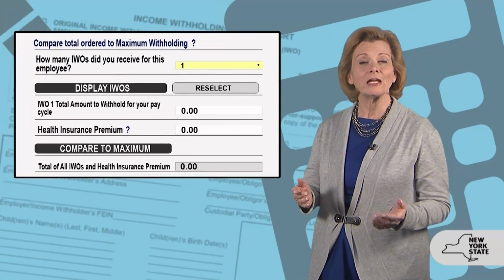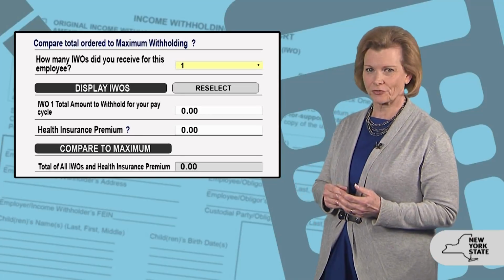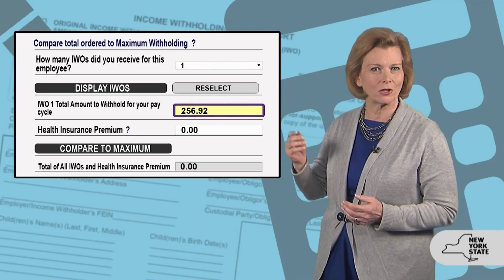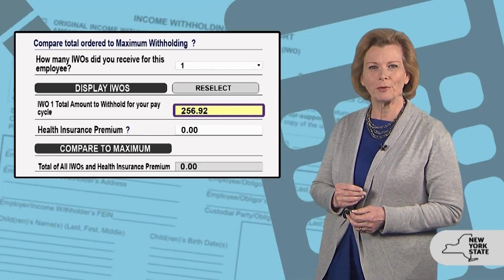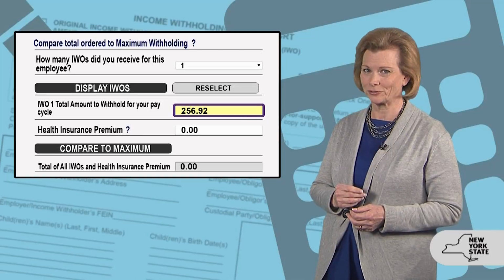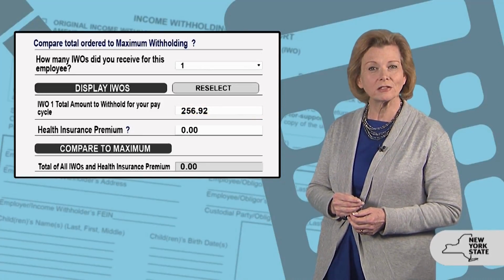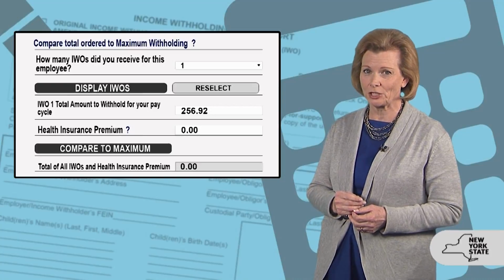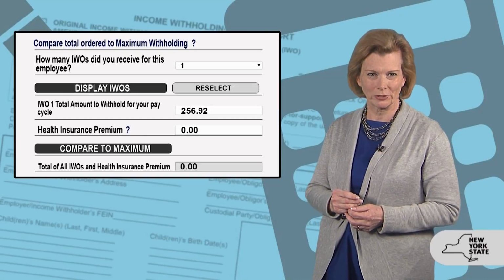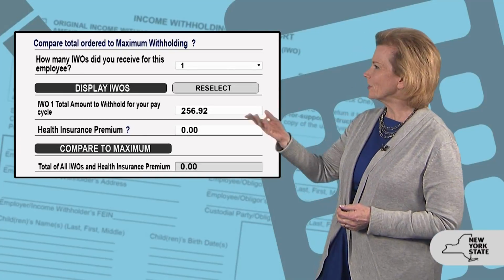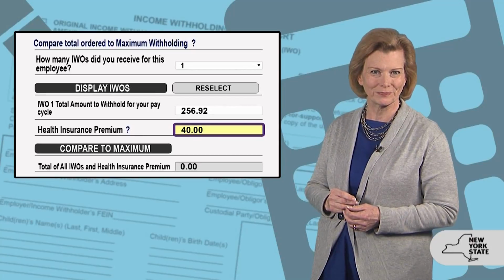But as we said, in our scenario, the pay cycle is biweekly, so we will enter that amount of $256.92 into the IWO1 total amount to withhold for your pay cycle field. If the employee has health insurance coverage that includes the dependents listed on page 1 of the IWO, enter the premium paid by the employee. In this scenario, the health insurance premium is $40 per biweekly pay cycle.